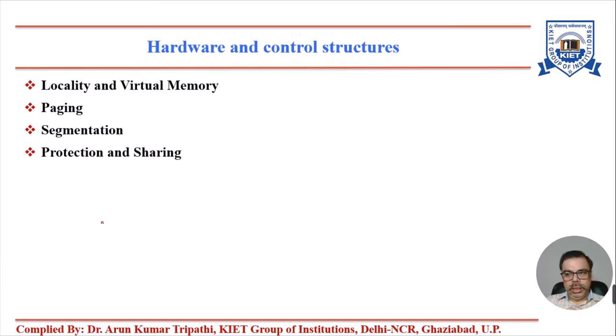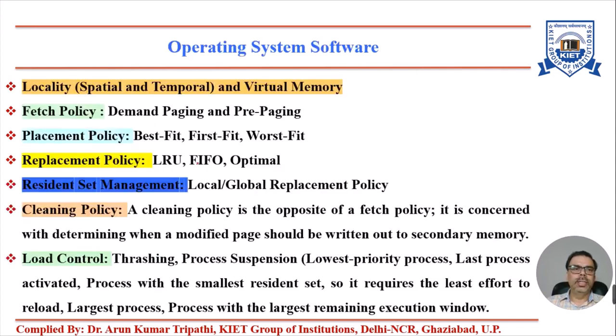Now, in the curriculum there are some portions that let me discuss once again. There is the hardware and control structure. Hardware and control structure covers locality and virtual memory, which we have covered, paging, segmentation, protection and sharing. We have already covered these, not in this video, but before. The second one is the operating system software.